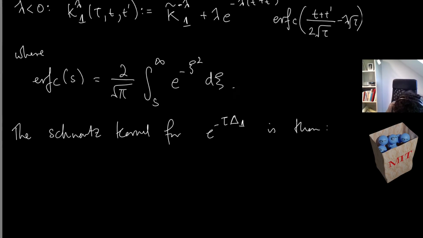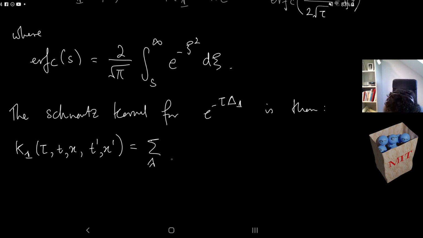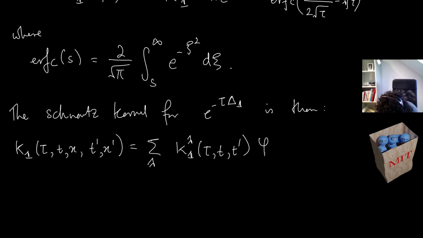So it's k1 tau t prime, maybe I'll put the variables here like this, t x t prime x prime, is equal to the sum over lambda of k lambda 1 tau t prime phi lambda x prime adjoint tensor phi lambda of x.